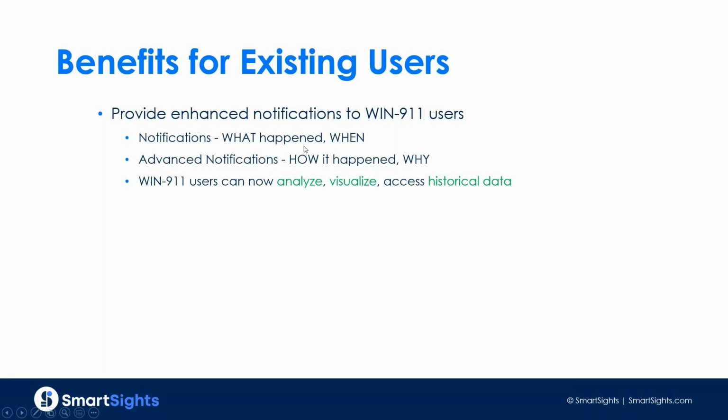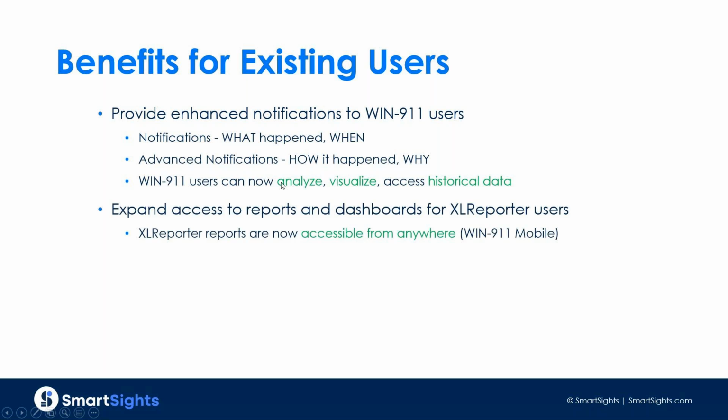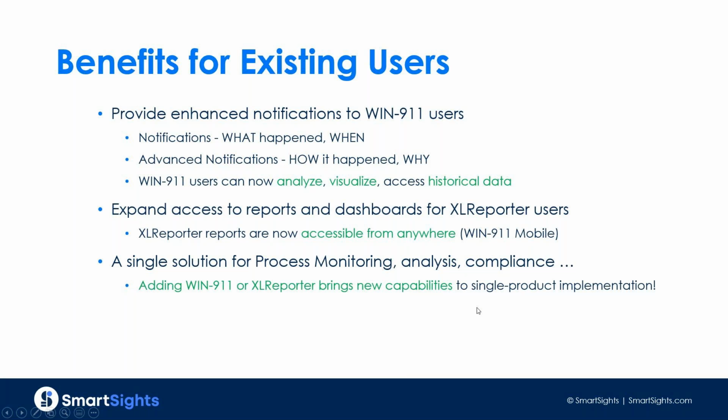And this understanding is powered by access to historical data, by enhanced visualization, by the ability to calculate process metrics and analyze their process data. XLReporter users implementing the bundle are getting real-time notifications, but they're also getting the ability to access ad hoc reports from anywhere in the world using the Win911 mobile app. And so altogether, bringing these two things together is trying to deliver a single solution for process monitoring, analysis, and compliance, getting all these things in one place from one vendor and one product.